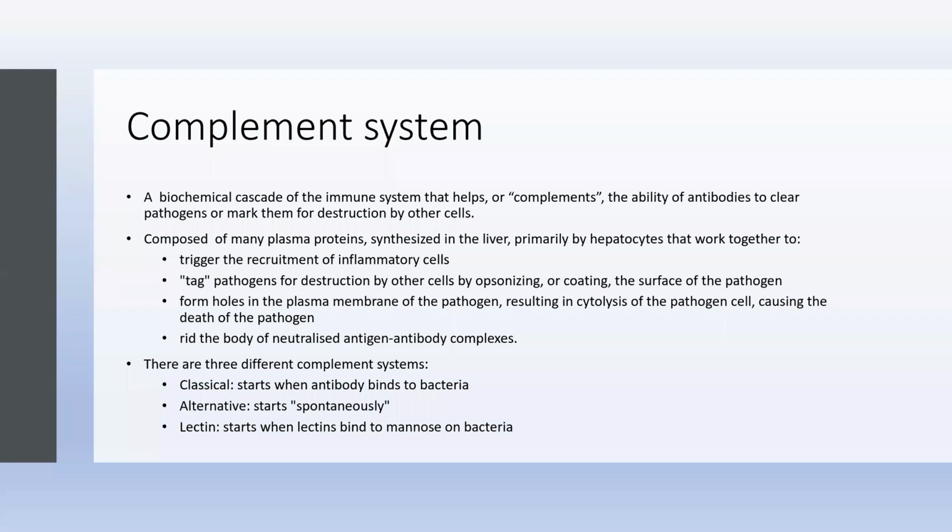So in short, the alternative and lectin pathways will be part of the innate immune mechanisms. The classical pathway will be part of what we call the adaptive immune pathways.